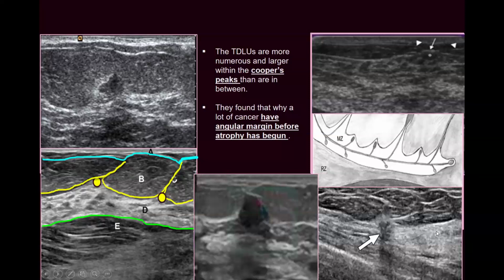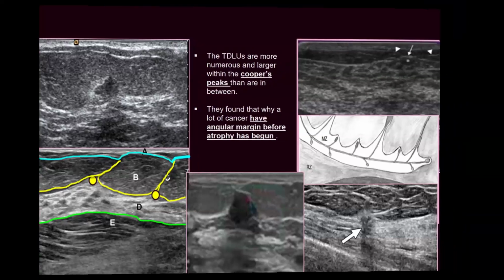And we mentioned the anterior mammary fascia makes resistance to the spread of the cancer. But because this is open here like a gate, the resistance here is weak. That is why the cancer at the beginning extends through the Cooper ligament, giving these angular margins.